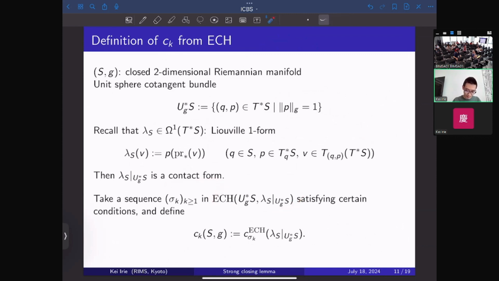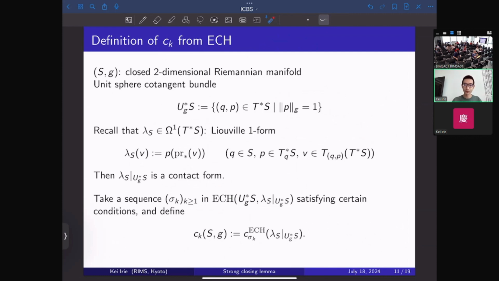We take a sequence sigma_k of non-zero homology classes of this homology, which satisfies certain conditions. For each integer k, we define c_k of (S, g) to be the ECH spectral invariant of sigma_k. So this is the first construction of spectral invariants for surfaces. And the second construction uses the volume spectrum, which I will explain later.